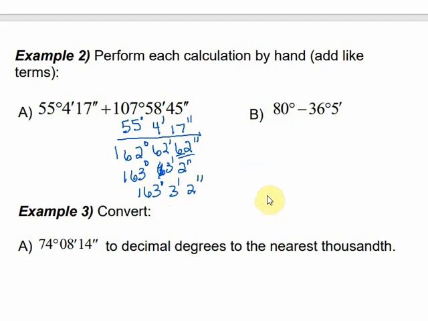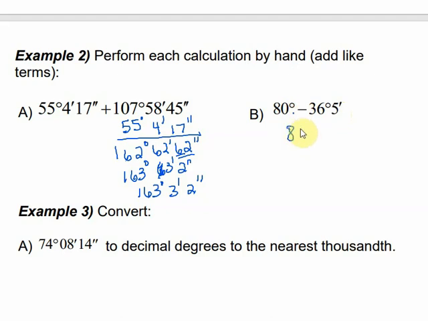We're going to do that again with B, but this time we're subtracting. So I'm going to subtract 36 degrees 5 minutes from 80 degrees. Just like with decimals, we can't subtract 5 minutes from 0.